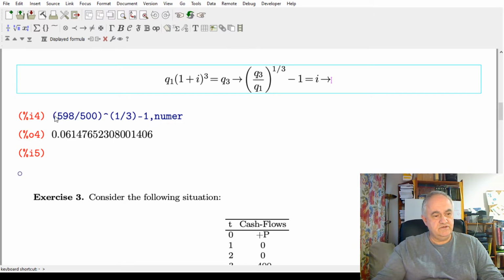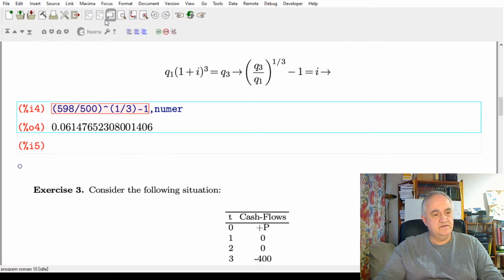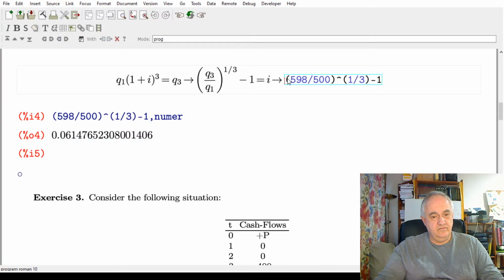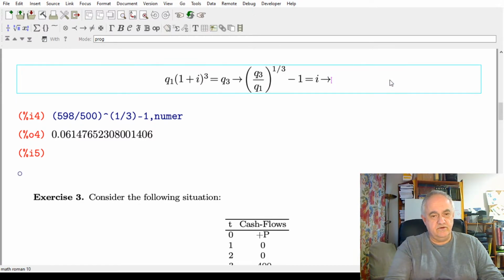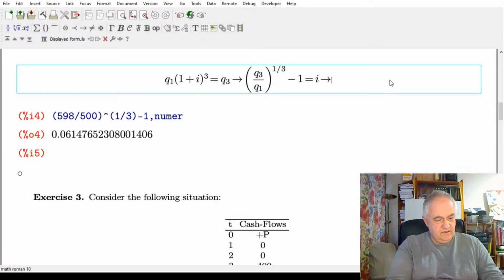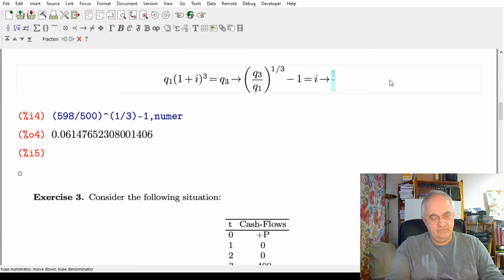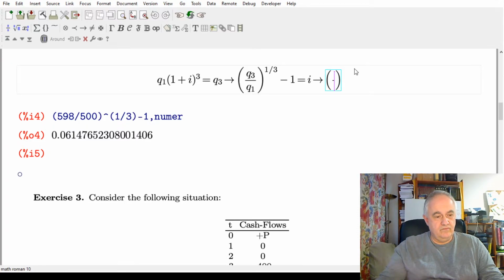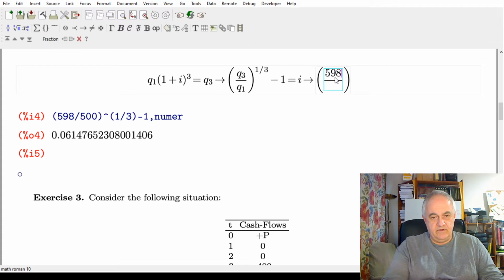In our case, I will just copy this. Yeah, it's not so nice. Now the fraction. Okay.